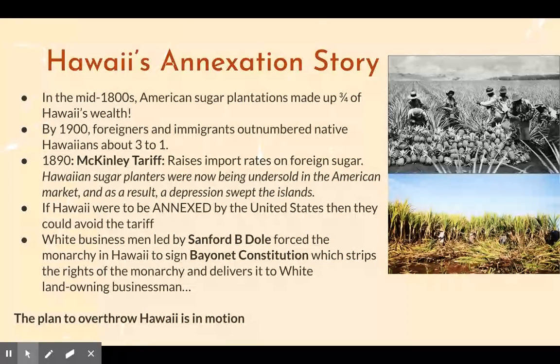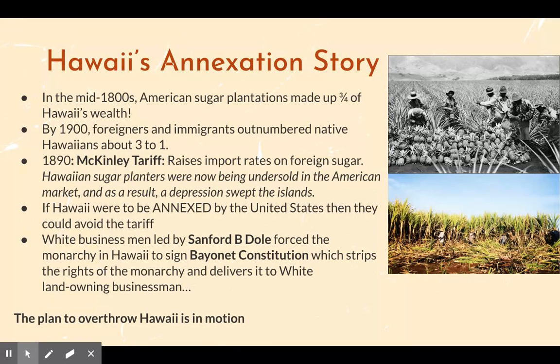These white businessmen, led by a guy named Dole, forced the monarchy in Hawaii to sign a new constitution. So through intimidation, through force, through there's more of us than there are of you, they forced the monarchy to sign a certain constitution, the Bayonet Constitution.